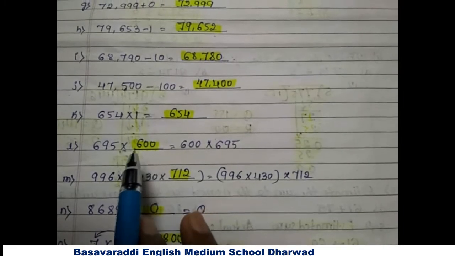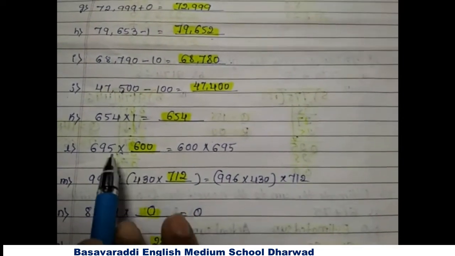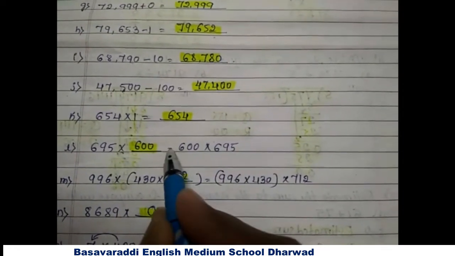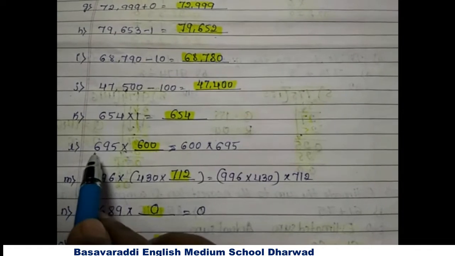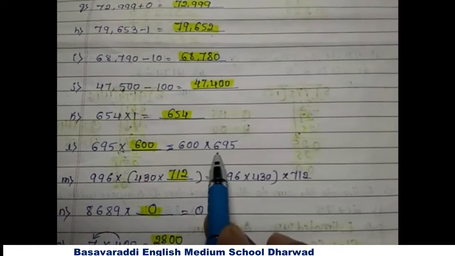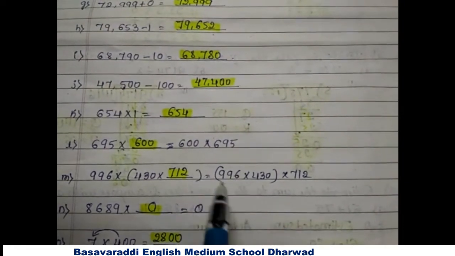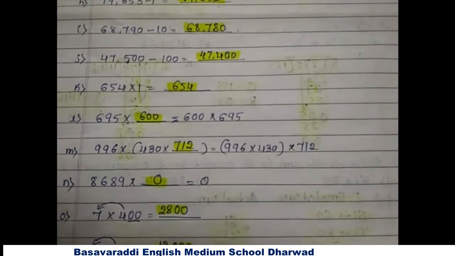The two numbers can be multiplied in any order. The product remains the same. That means fill 600 in the given box. So 695 into 600 is equal to 600 into 695. This is the order property of multiplication.